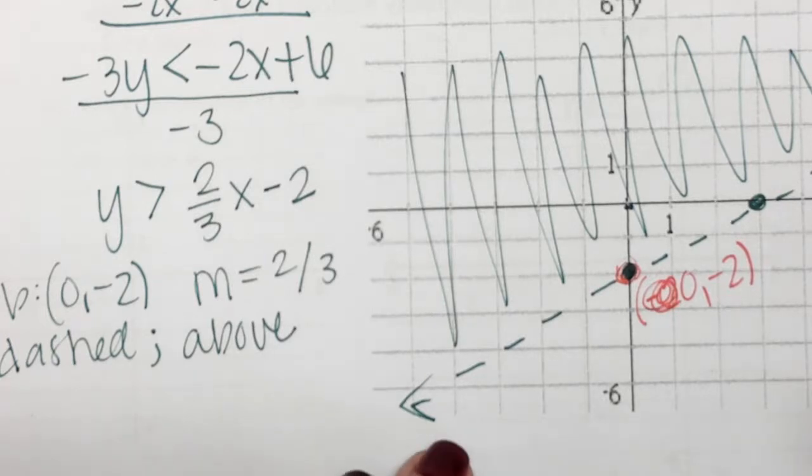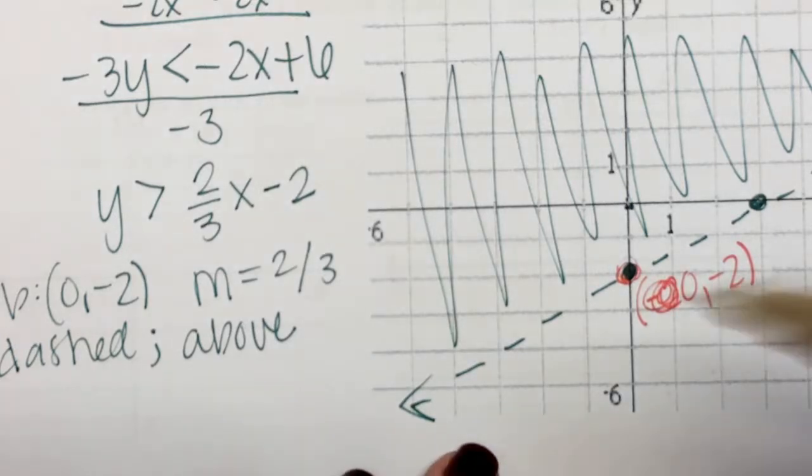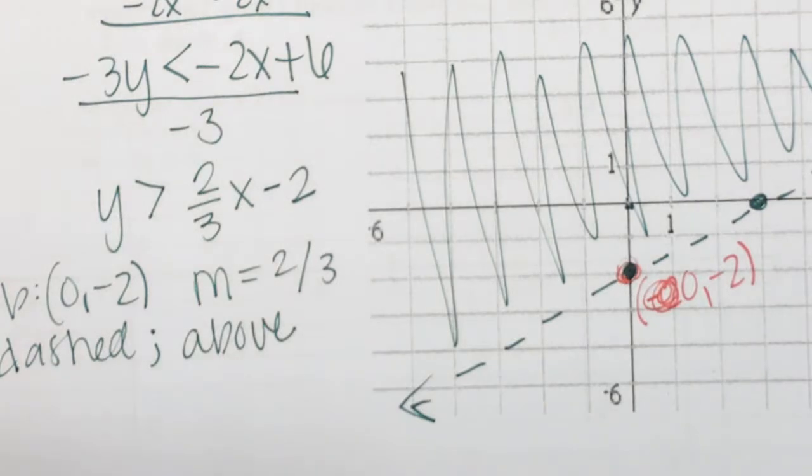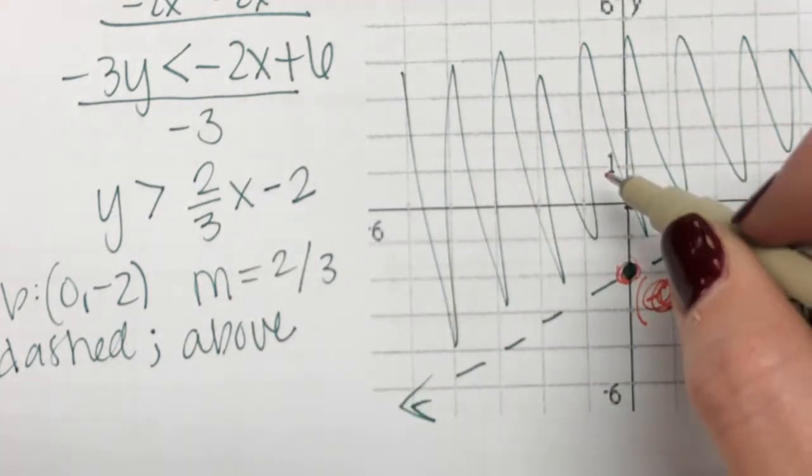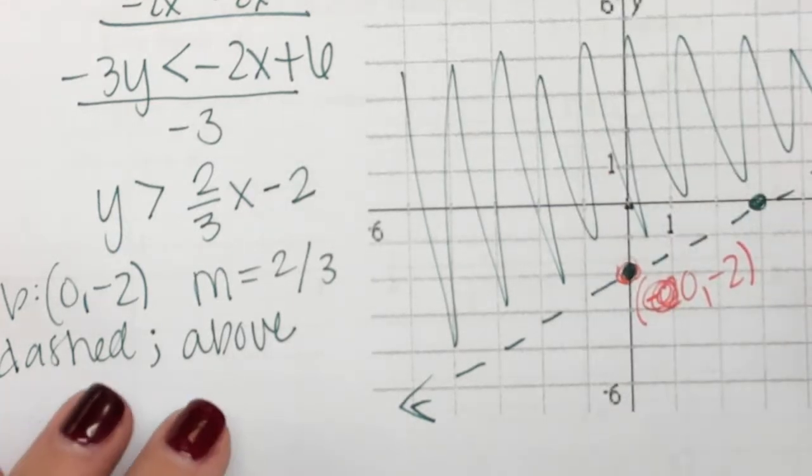You don't know? Alright. No, Victor, why? It's not included in the values. Good. The points on the dash line are not included. That's why it's dashed. So you can't pick a test point on the line if it's dashed. Does that make sense? Alright.